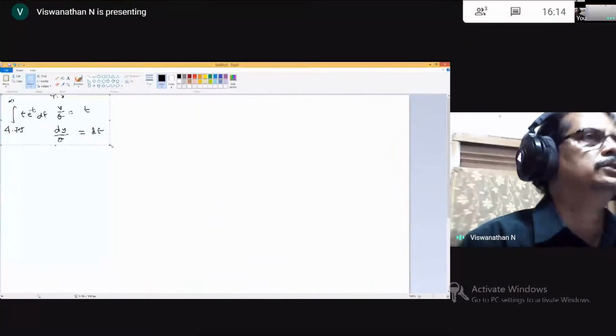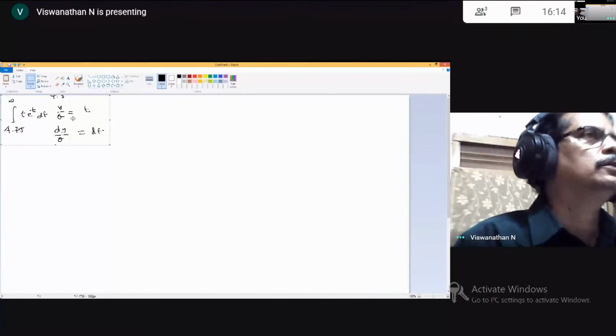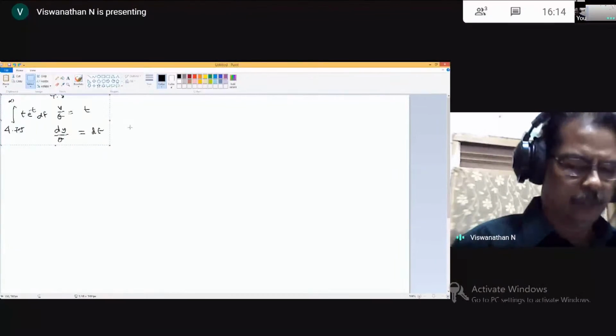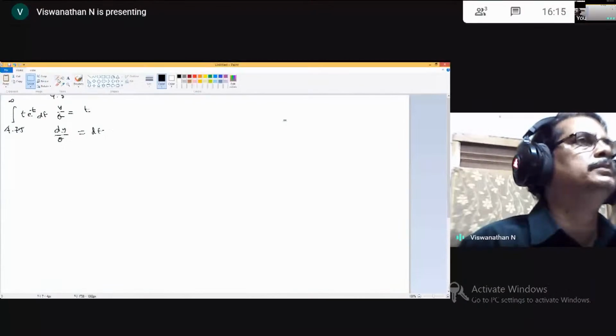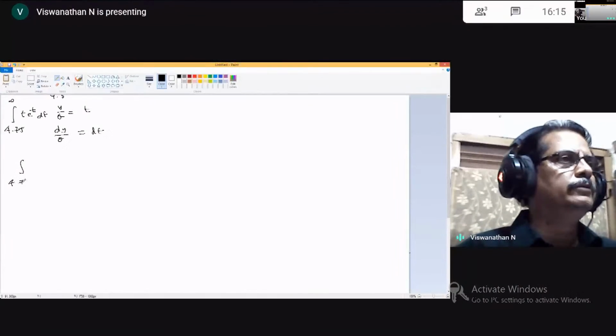So I will place this. This is the integral that I have. Let me quickly integrate this using the UDV principle. Integral 4.75 to infinity. I will make this your u and this your dv, so e power minus t.